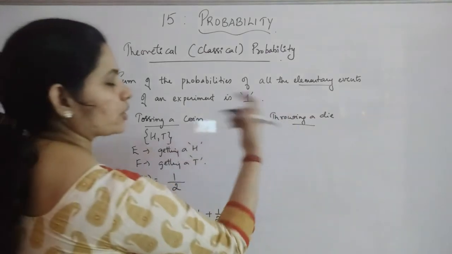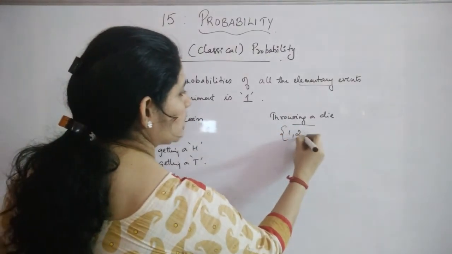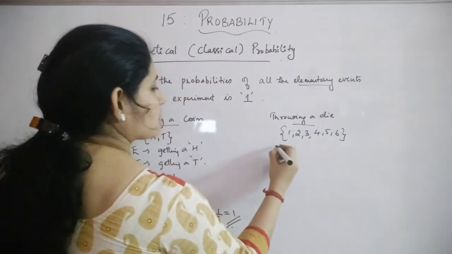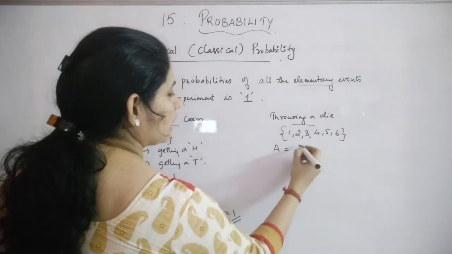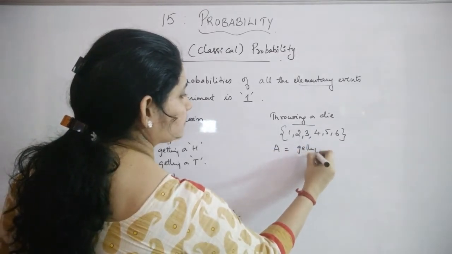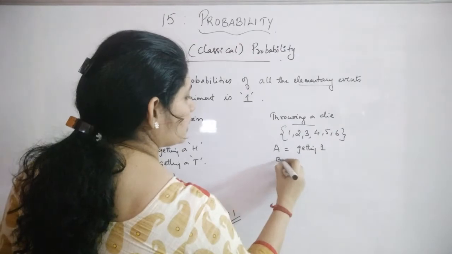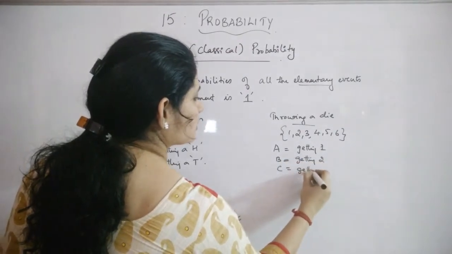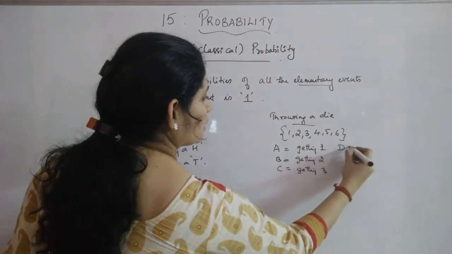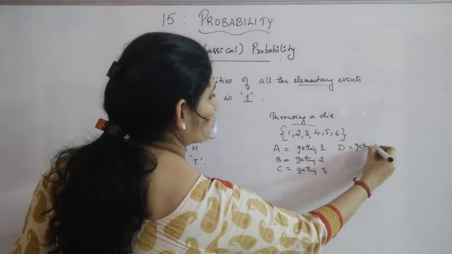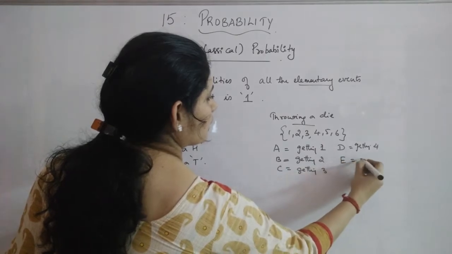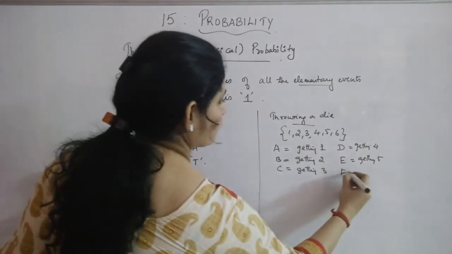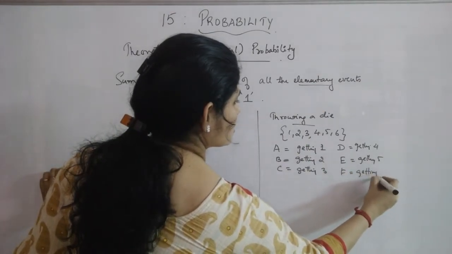Now if I am throwing a die, I will have the possible outcomes as 1, 2, 3, 4, 5, 6. That means I am taking A as getting 1, B getting a 2, C getting a 3, D getting a 4, E getting a 5, and F getting a 6.